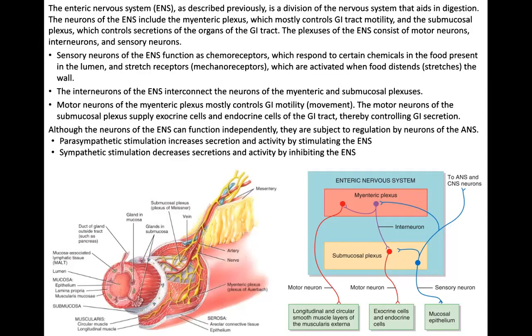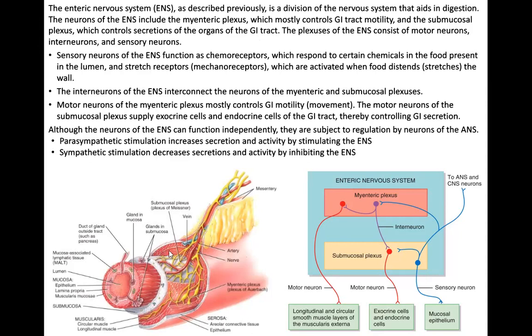And then there's the submucosal plexus, which is involved with controlling the glands of the different parts of the tract. Glands like that we show here secrete substances into the lumen of the tract to help with digestion. So our submucosal plexus controls secretions of these organs of the GI tract.